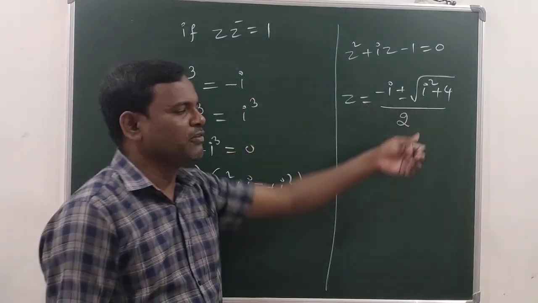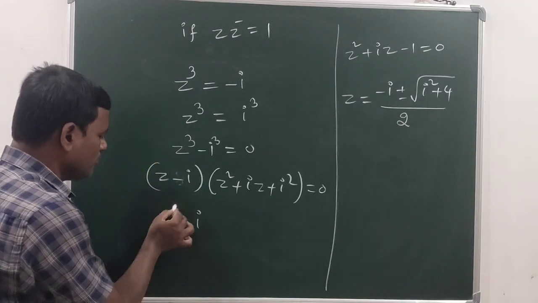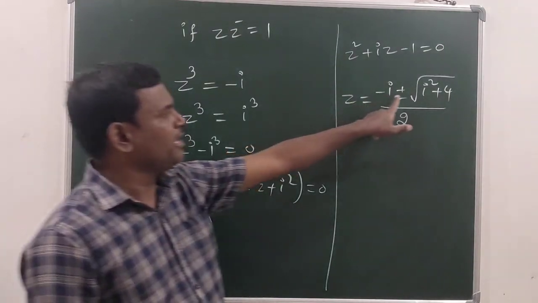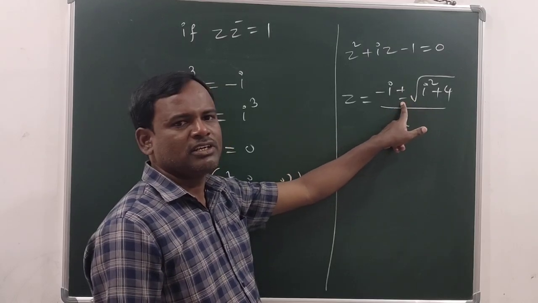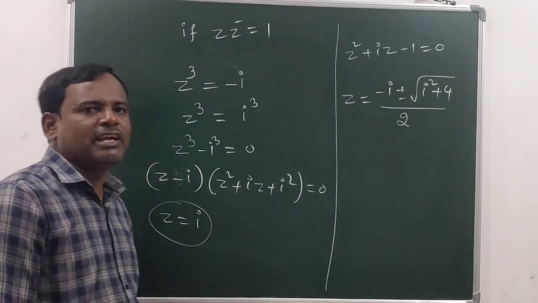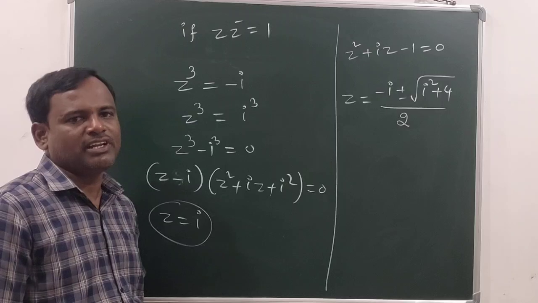Still, if you want to simplify that, you can, otherwise you can leave it like that. Because here we found one complex root, Z is equal to i, and here if you take plus you get one complex root, and if you take minus you will get one more complex root. So totally we are getting 3 complex roots for this given equation.